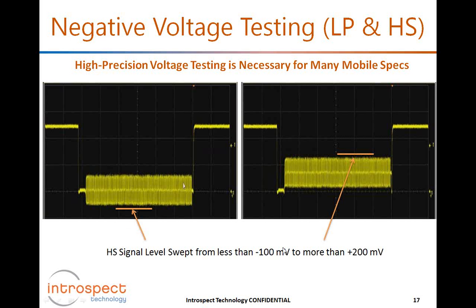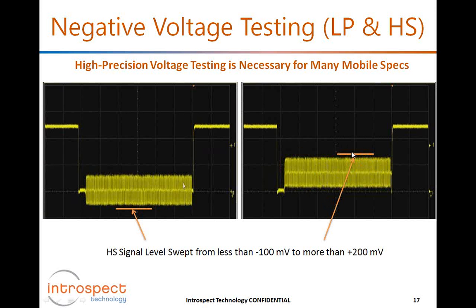So what we're showing in this slide is simply an example of the sweep of HS data that goes from a negative value, about minus 100 millivolt being applied into a receiver, and then it's swept up to a positive value where there's more than 200 or 300 millivolt being applied into a receiver. And so that's really been a key parameter for testing of mobile terminals, whether it's D-PHY or C-PHY as well.